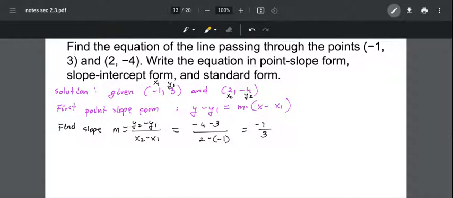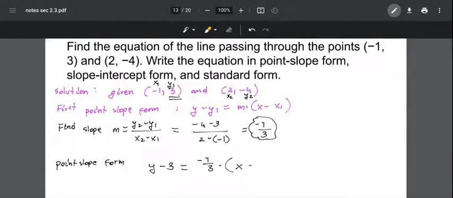So now the point-slope form will be y minus y1, which is 3, equals the slope m, which is -7/3, times x minus x1, and x1 is -1.